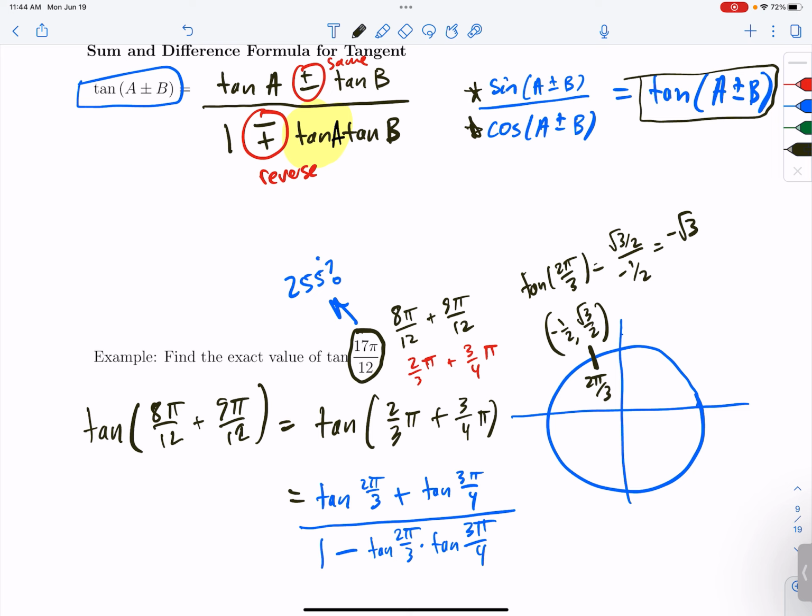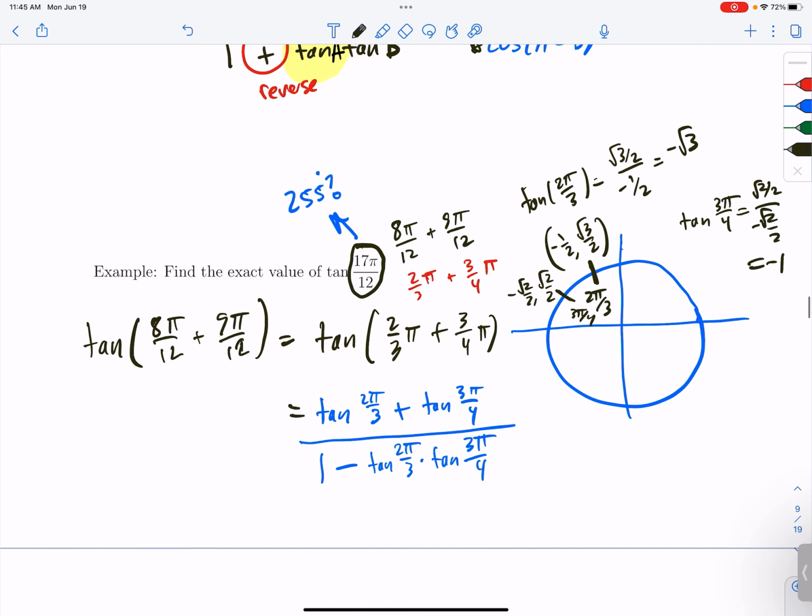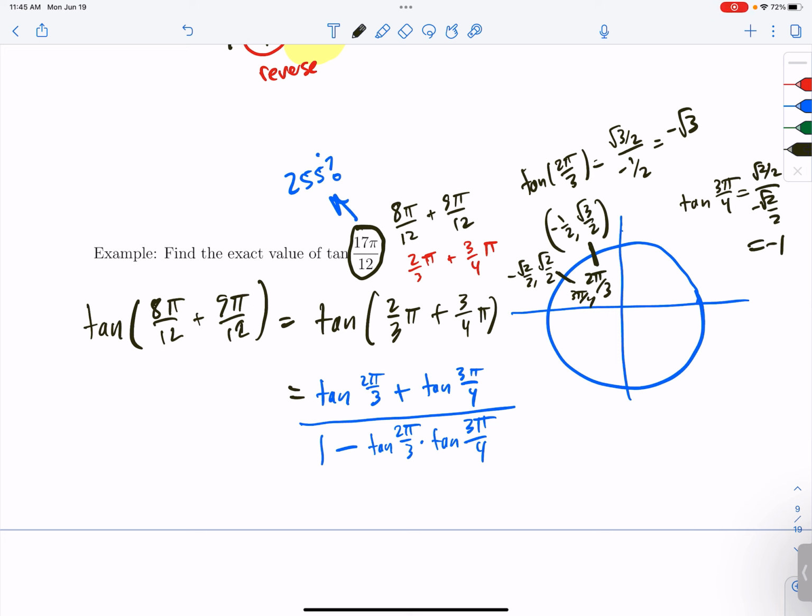And then 3 pi over 4 is right here, and that's -√2 over 2, root 2 over 2. So tangent at 3 pi over 4 is y over x, root 2 over 2 divided by -√2 over 2. That's just -1. So those are the values I'm going to use in this fraction.